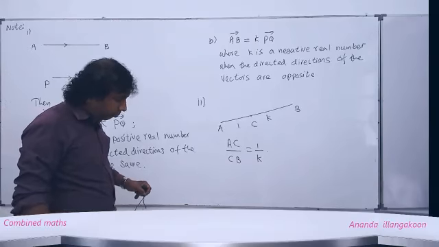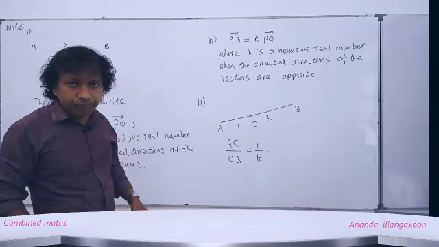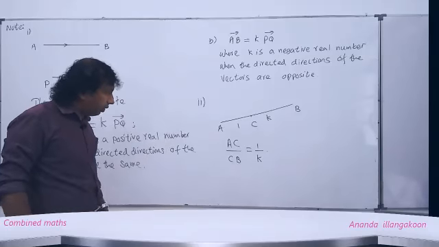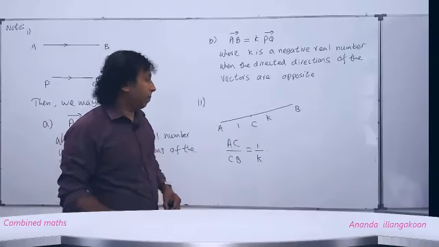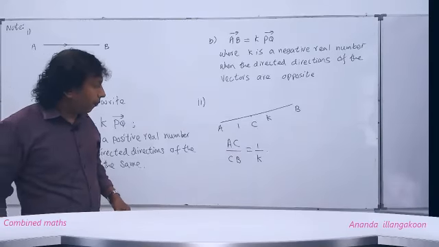Suppose point capital C divides the line capital AB internally in the ratio AC divided by CB equals 1/k.